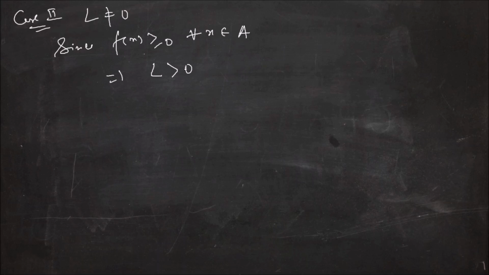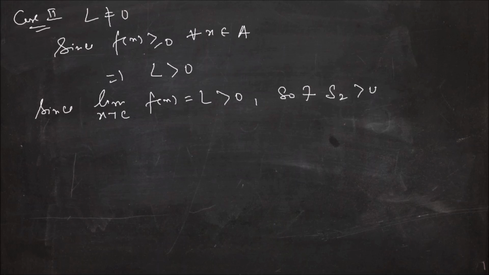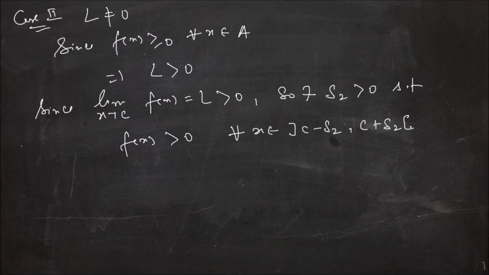And since limit x tends to c, f x, which is L, is strictly greater than 0, there exists delta 2 greater than 0 such that f x is greater than 0 for all x belonging to c minus delta 2 to c plus delta 2.